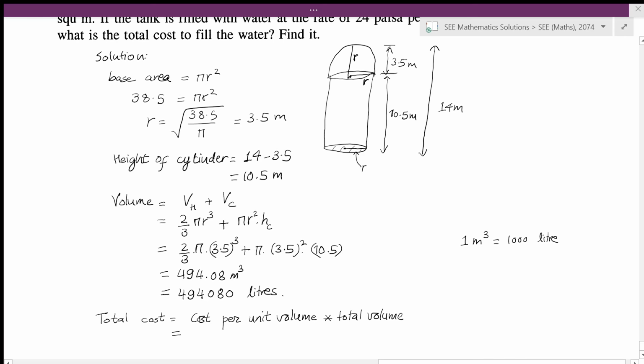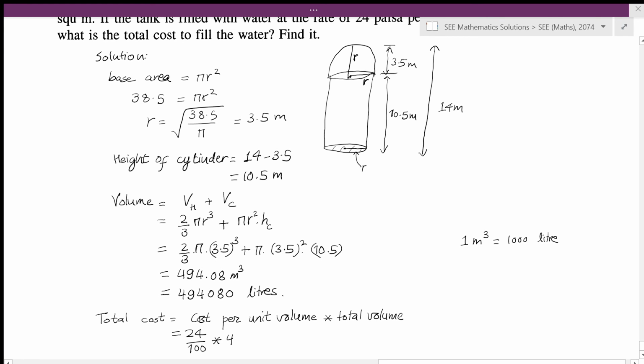Cost per unit volume means it will be 24 paisa per liter, right? So we divide it by 100 to convert it into rupees. So 24 by 100 is in rupees times total volume in liter, because this cost is for volume in liter.